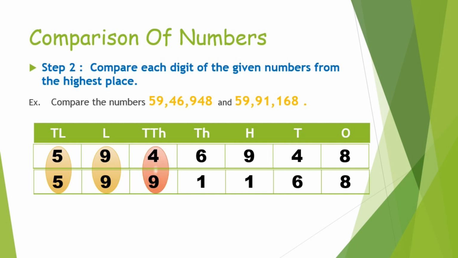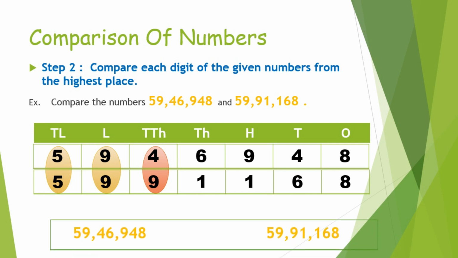Both are same, so we'll move on further to the 10,000 place. And here the digits are 4 and 9. As we know, 9 is greater than 4. So the number with the 9 will be the greater number. That is 59,91,168 will be greater than 59,46,948.